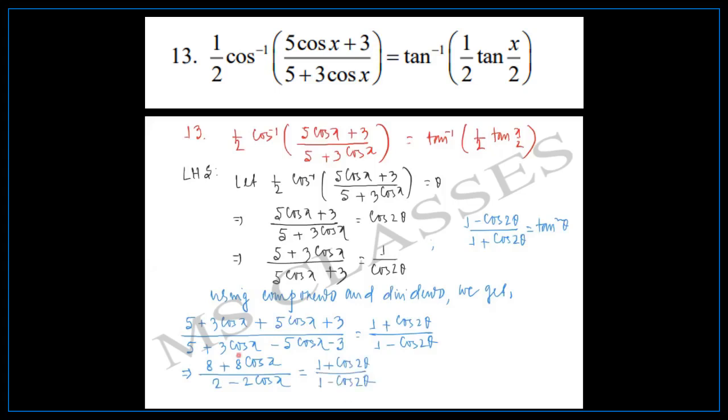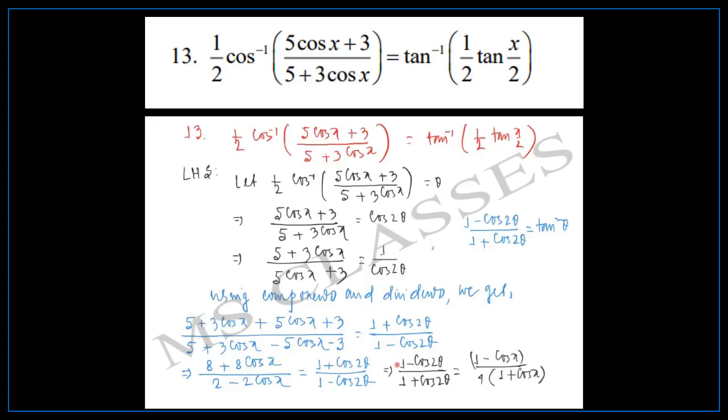Now if we simplify this one, what will we get here? 1 minus cos 2 theta by 1 plus cos 2 theta, which I have taken from the RHS. And here we get 1 minus cos x by 4 into 1 plus cos x.